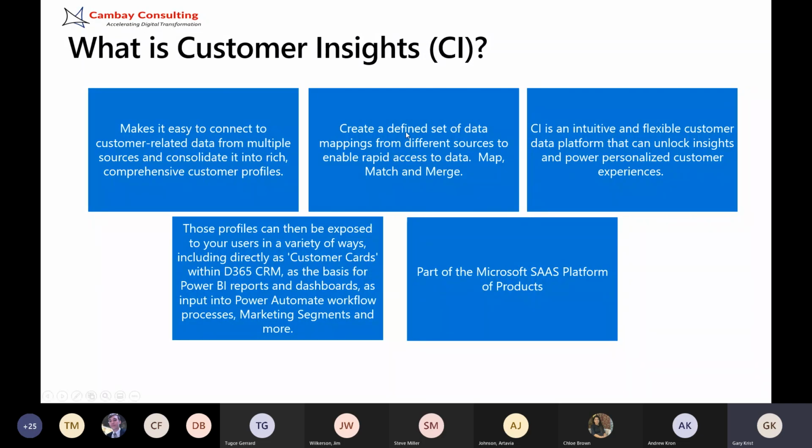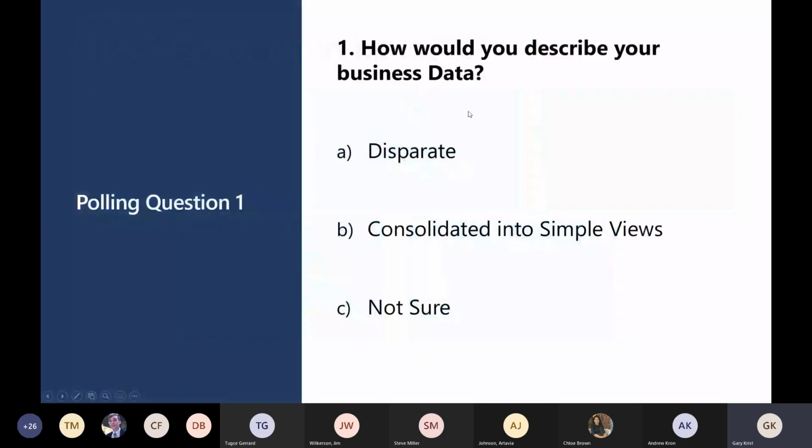Before we dive a little bit deeper into it, I wanted to get a feel for the audience. So we have a few survey questions. Alan, if you wouldn't mind launching the first survey question, I'd appreciate it. We'll give a minute or so, and then we'll move on to the next.